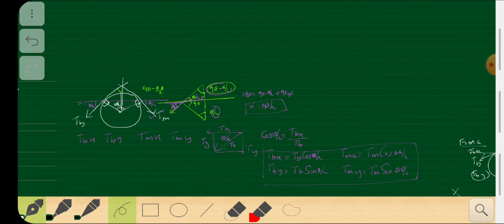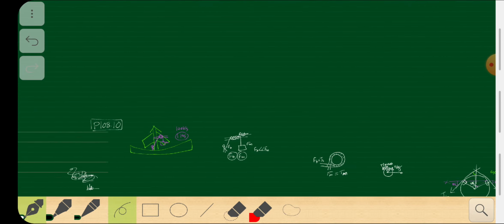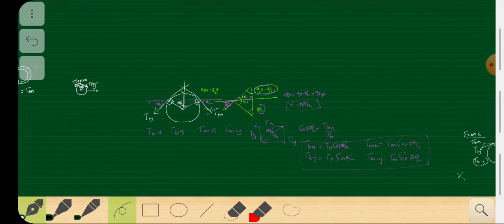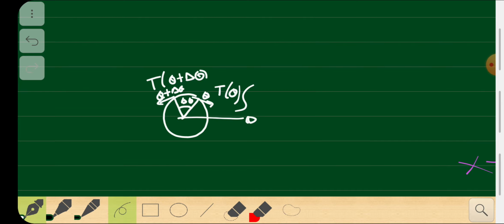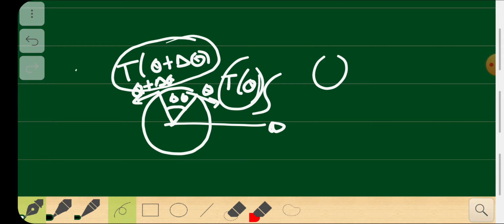Okay, I just said earlier that T must be equal to what? Here you remember that T theta and T theta plus delta theta was the consideration, right? T theta is the one-sided force, and on the other side we have a delta theta added to the tension.